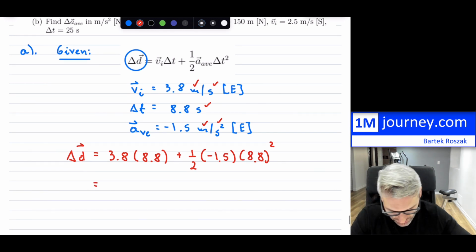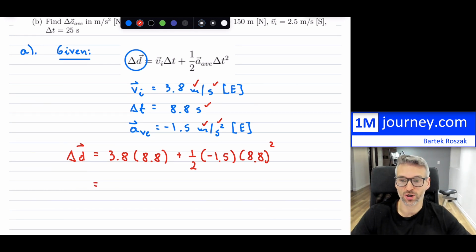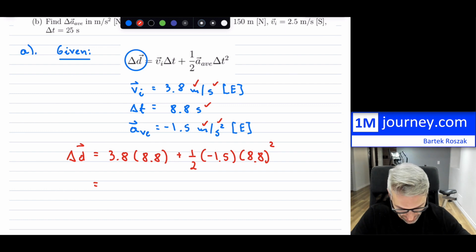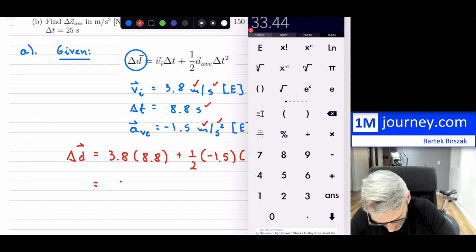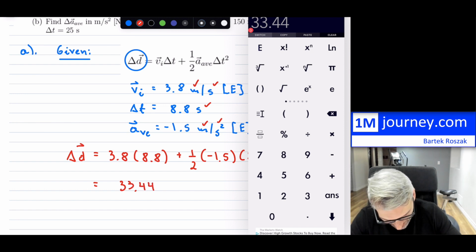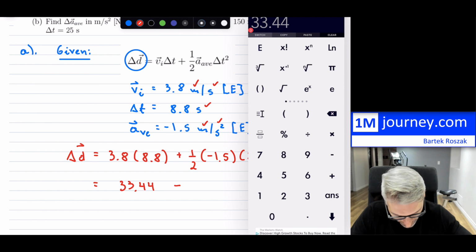Now I can just substitute, put all of this into my calculator and see what it will give me. So this is 3.8 multiplied by 8.8. So that's going to be the first one. Now, I'm not going to round anything here yet. Now, that negative, I'm going to put that right in front.